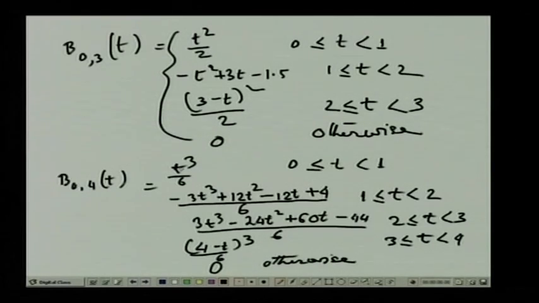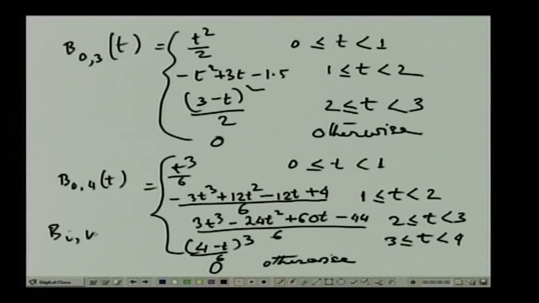So, we can obtain all these values from the definition of the B-spline function that we have defined earlier. Now, whenever I write this B_{i,k}, this k is called the order of the B-spline function.